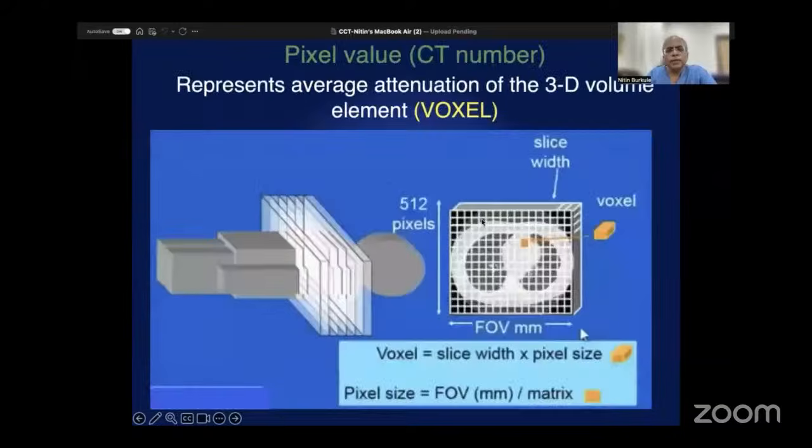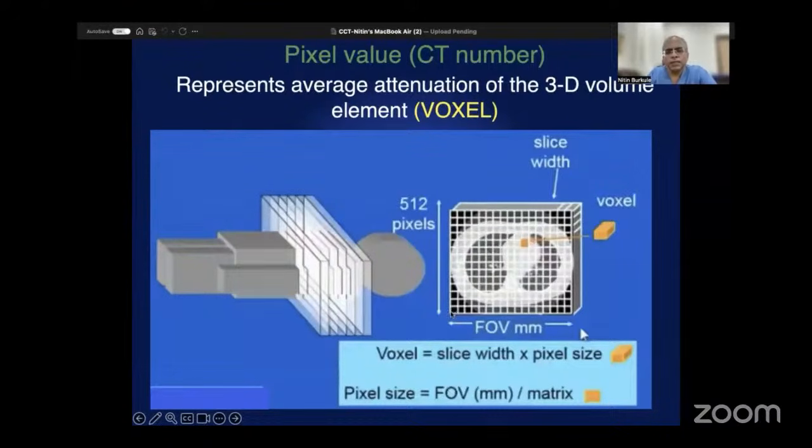So the pixel size, which we just discussed, is the field of view divided by the matrix, that is 512.